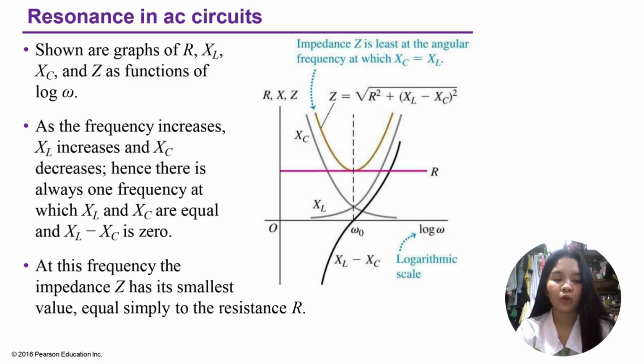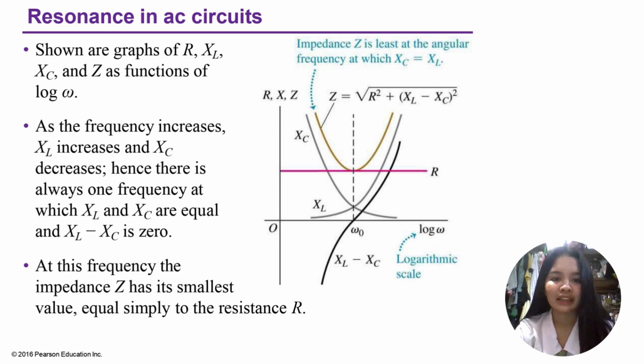Hence there is always one frequency at which X sub L and X sub C are equal and X sub L minus X sub C is 0. At this frequency, the impedance Z has its smallest value, equal simply to the resistance.